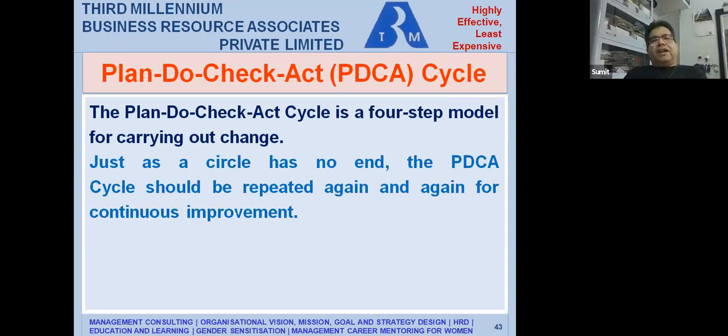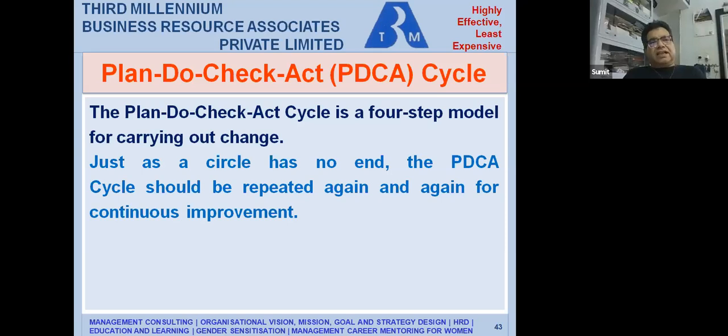And the whole funda is, as in Indian ethos, we have that time is an endless commodity and it goes in a cyclical order. There is no starting point, there is no ending point kind of a thing. So similarly, it is called a cycle because of this reason only. Because even if you have completed one cycle of planning, doing, checking and acting, that is not the end of the story.